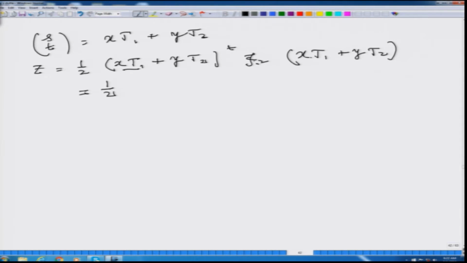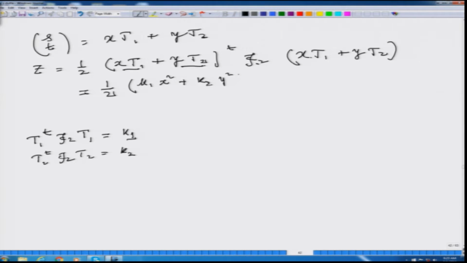What is t 1 transpose F 2 t 1? That is precisely k 1. So, this is k 1 x square, and similarly for y t 2, k 2 y square. The rest is the cross product term; if I take k 1 not equal to k 2, then you know t 1 and t 2 are orthogonal, so the cross term is 0.